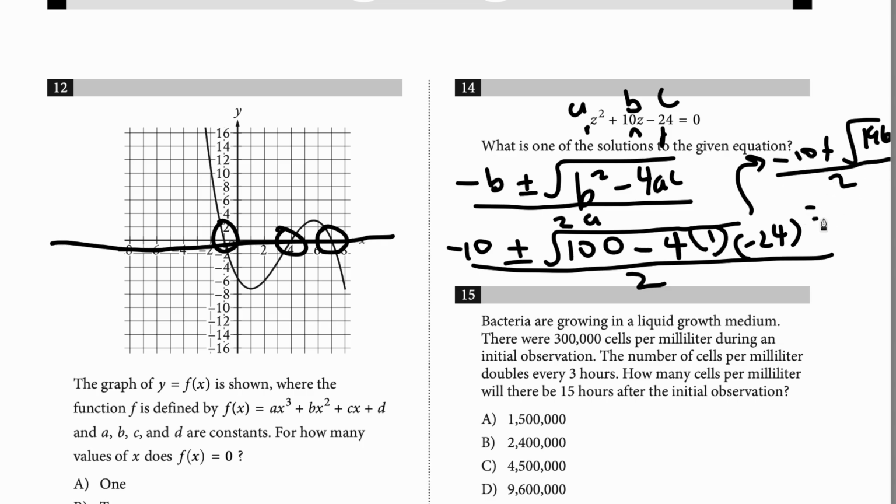If you simplify this further, it would be minus 10 plus 14, sorry for the messy handwriting, all divided by 2. So minus 10 plus 14 divided by 2 would be 4 over 2, and therefore 2.